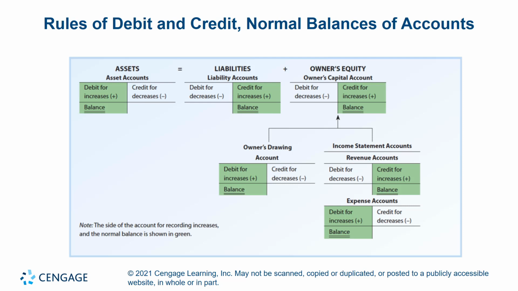Similarly, for a drawing account, that's when money is taken out of the business for personal use by the owner. So the cash account is decreased and cash would be credited, and the drawing account would be debited to show the increase of the drawing account. At the end of the period, we will see a normal balance on the debit side.